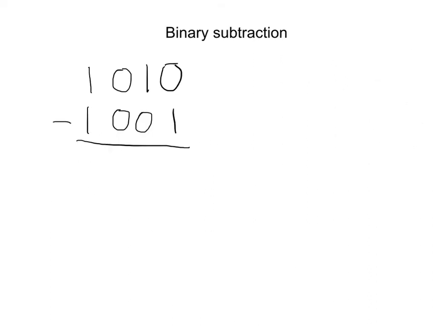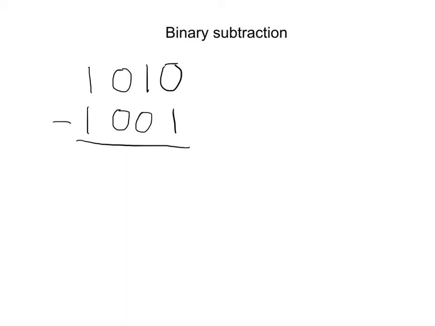Binary subtraction is quite similar to decimal subtraction, though it is slightly different. When doing binary subtraction, the carryover rule still applies. So let's look at the number 1, 0, 1, 0 minus 1, 0, 0, 1. 0 minus 1 does not work because that's a negative number, so you need to borrow it from the next column over.